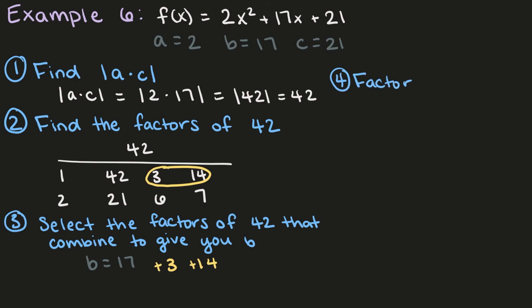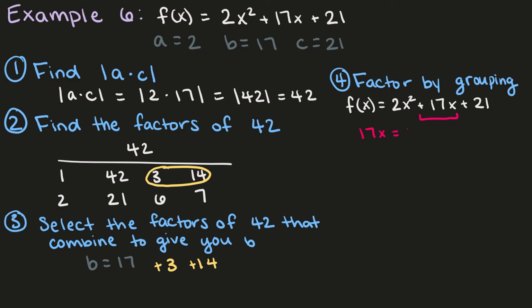Last, we'll factor by grouping. So we'll take our function, 2x squared plus 17x plus 21, and rewrite that 17x as 14x plus 3x. So our function becomes 2x squared plus 14x plus 3x plus 21.